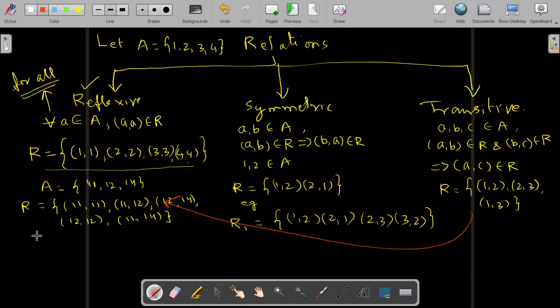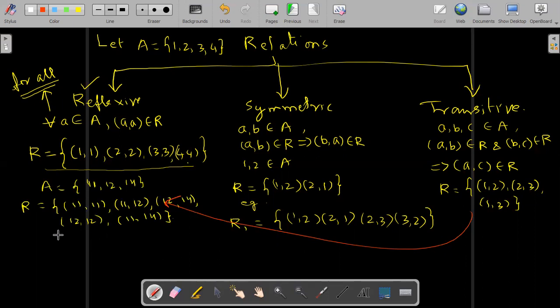If we take 11 11, and it is followed by 11 12, so 11 12 should be there, and 11 12 is there. Yes.